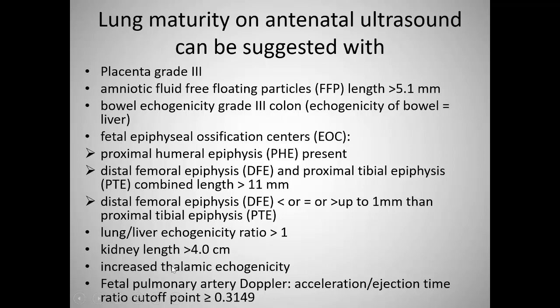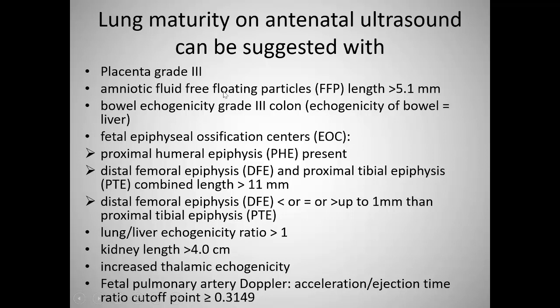This is a long list that we can use to detect fetal lung maturity. First, the placental grading. Placenta grade 3 is usually associated with mature lung, and many researches have been done. If you search the literature, they found that placenta grade 3 is usually associated with mature lung.